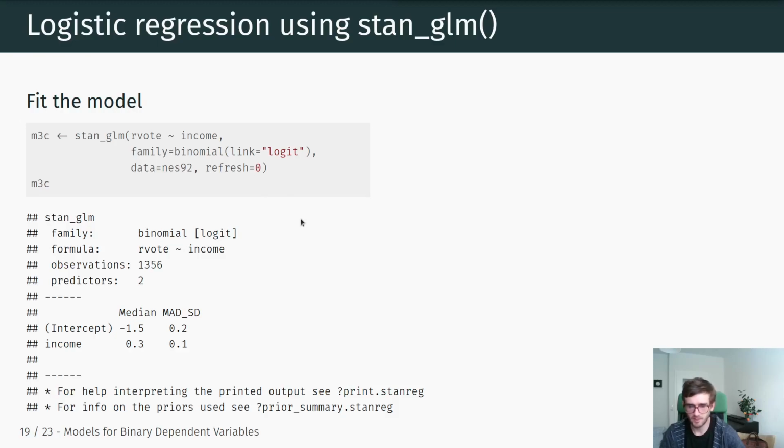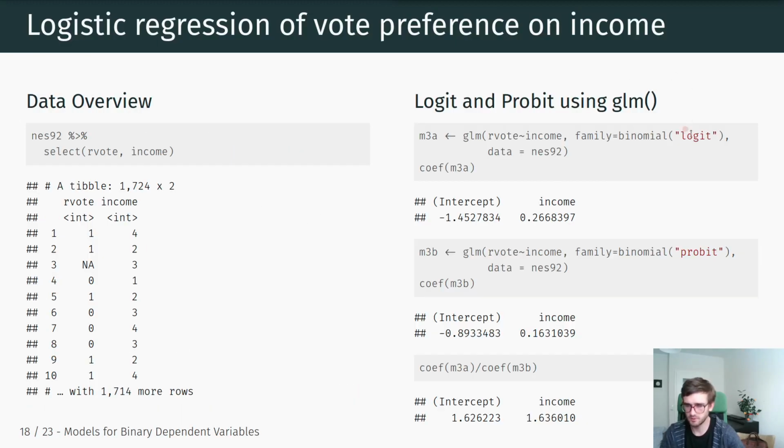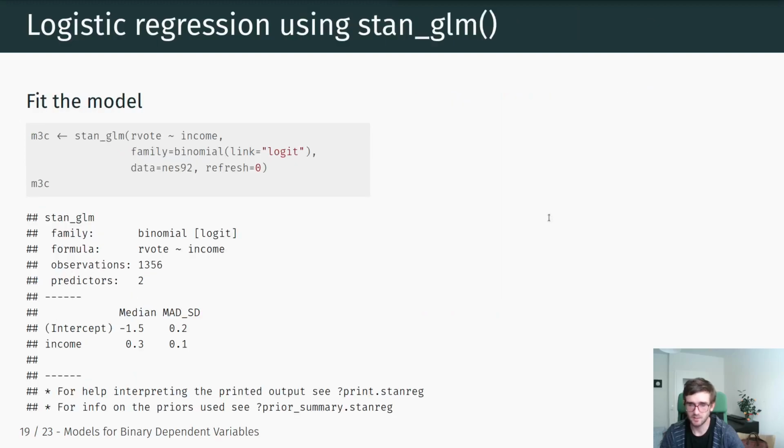Okay. So this is quite similar to our GLM specification, of course, and if we look at the underlying coefficients, they're obviously very similar as well. Minus 1.45 for the intercept and 0.26 for income, for the coefficient for income. We have minus 1.5 for the intercept and 0.3 for income.